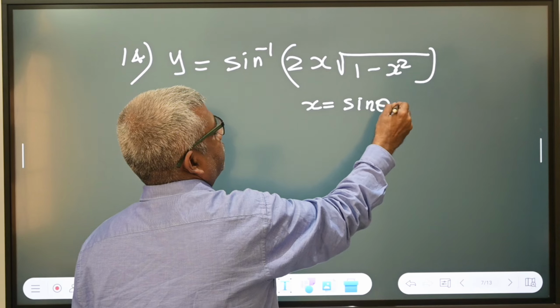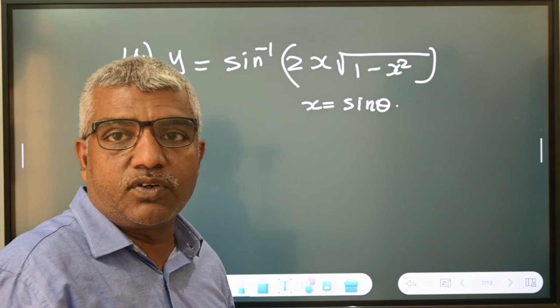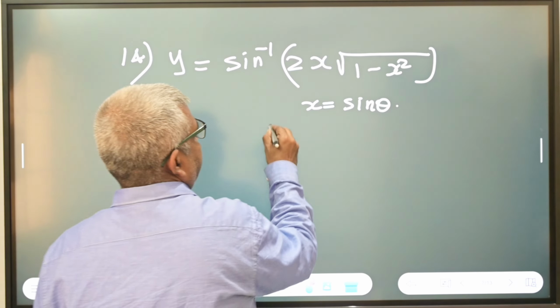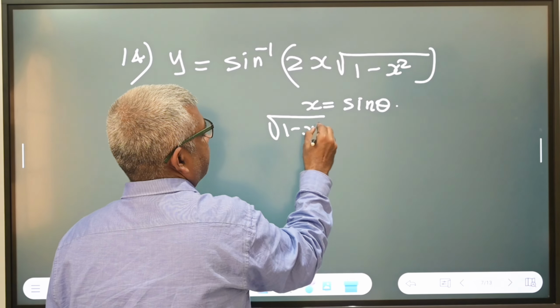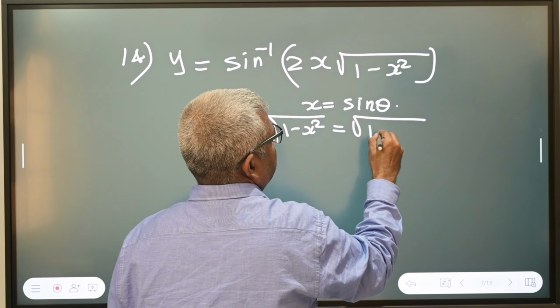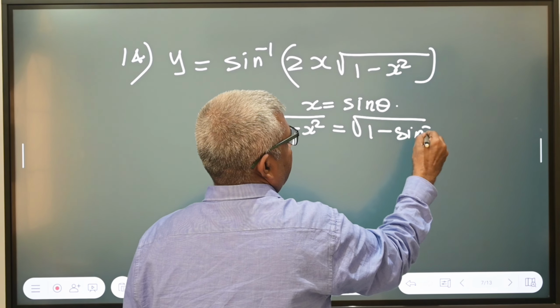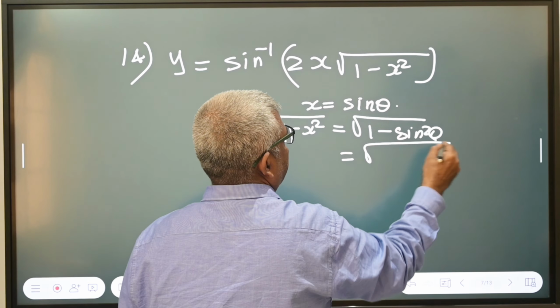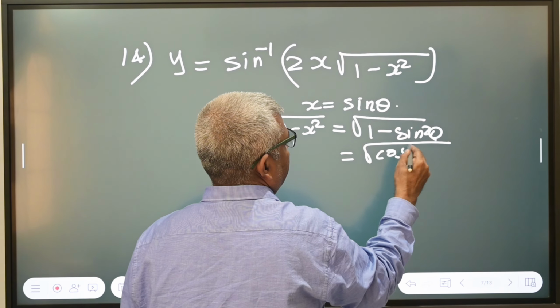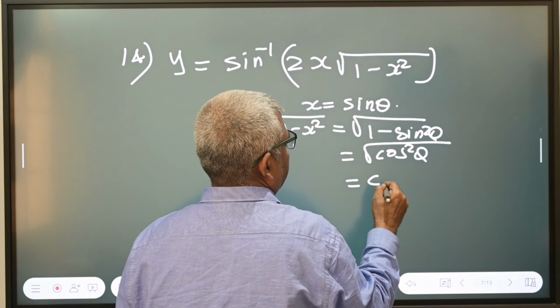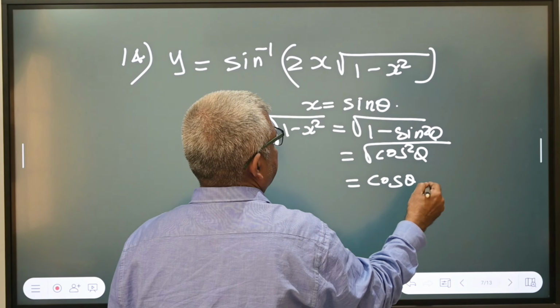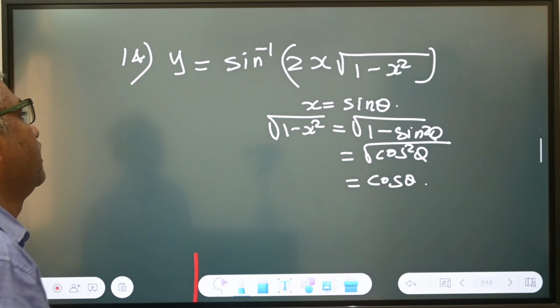Don't put x is equal to tan theta. Let x is equal to sine theta. Then 1 minus x squared is 1 minus sine square theta. It is nothing but cos square theta, and the square root of cos square theta is cos theta.